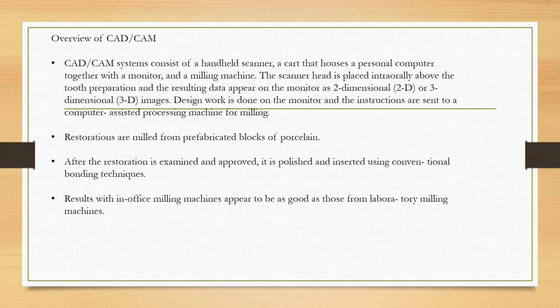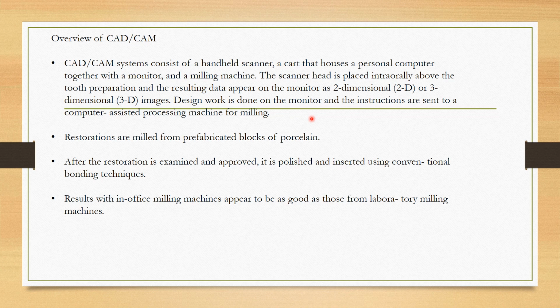So, overview of CAD-CAM. The CAD-CAM system consists of a handheld scanner, a cart, a monitor, and a milling machine basically. If you place a scanner, for example, above the tooth preparation, the resulting data appears on a 2D or 3D image, and design work is done on a monitor.